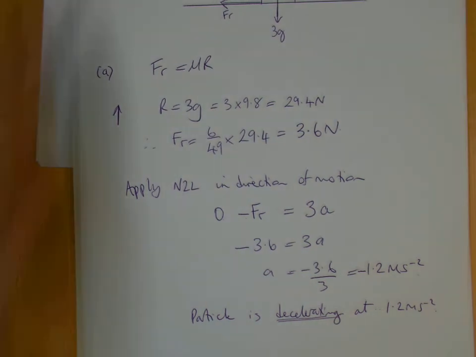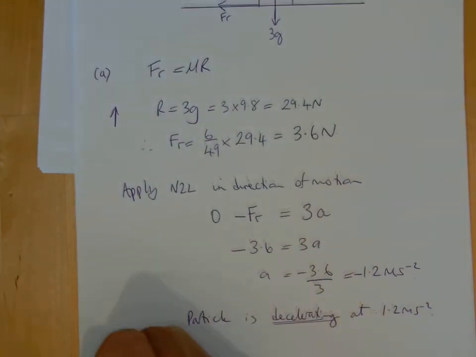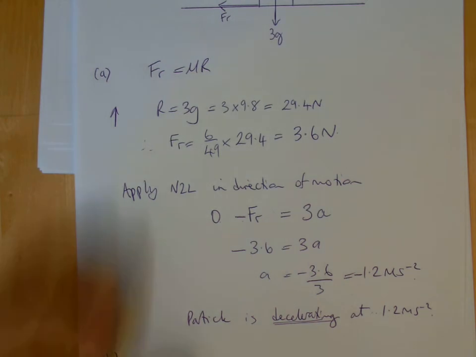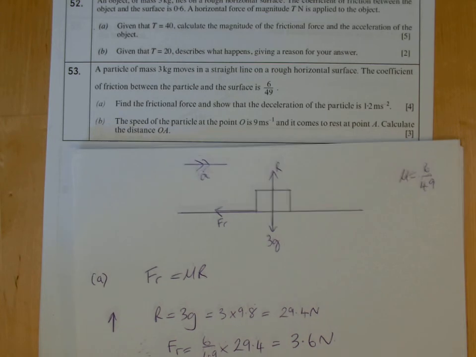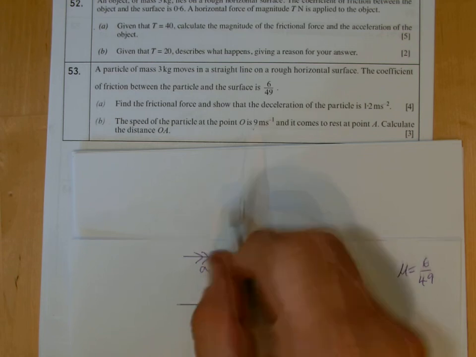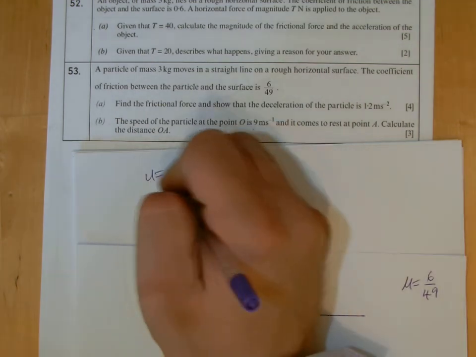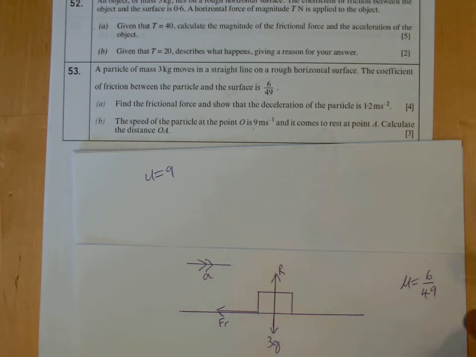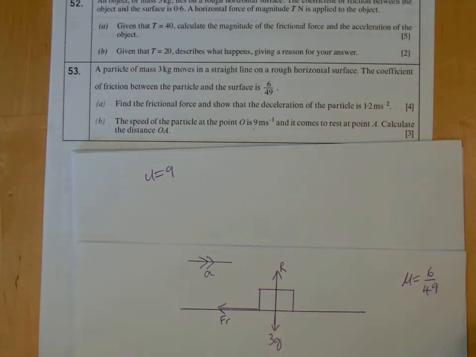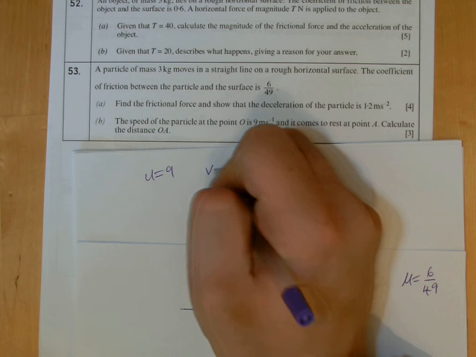Part B then. It says the speed of the particle at point O is 9 and it comes to rest at point A. Calculate the distance OA. This brings in our equations of motion. The speed originally is 9, so u is equal to 9, and it comes to rest, so the final speed will be 0.